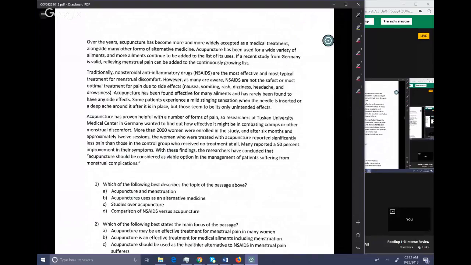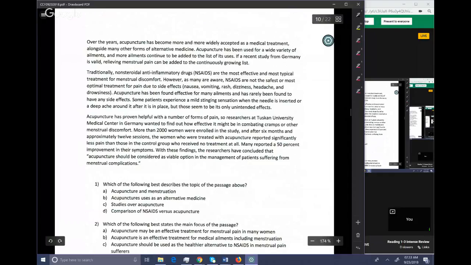And then we'll do the questions for that one real quick, and then I will skip ahead a bit to a couple of others that are coming up a little bit later. And from there, you'll be able to do the rest of this stuff on your own to practice your skills. So go ahead and read this passage, outline your passage. I will outline it very, very quickly in just a second, and we will do the questions.